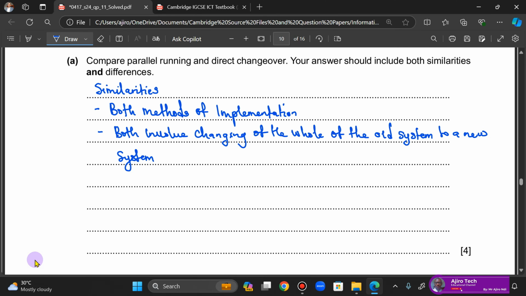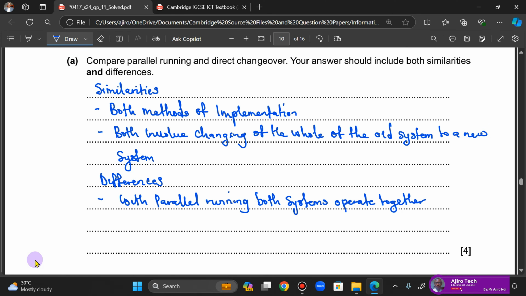So for differences, with parallel running, both systems operate together until the old one is removed.